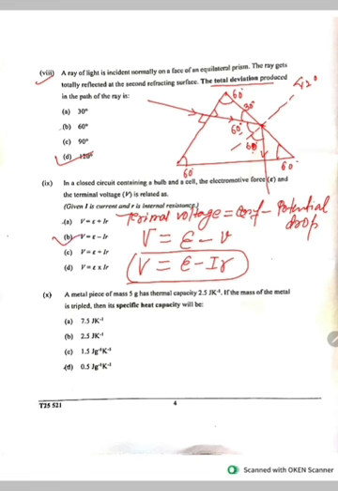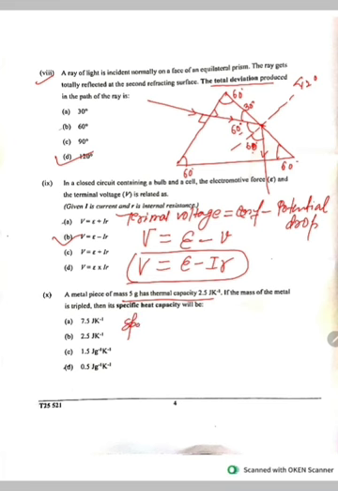Now come to question number 10. It says that a metal piece of 5 gram has thermal capacity 2.5 joule per Kelvin. If the mass of the metal is tripled, then its specific heat capacity will be? First we have to find the specific heat capacity of this metal piece, because here they have given the mass and also the thermal capacity.